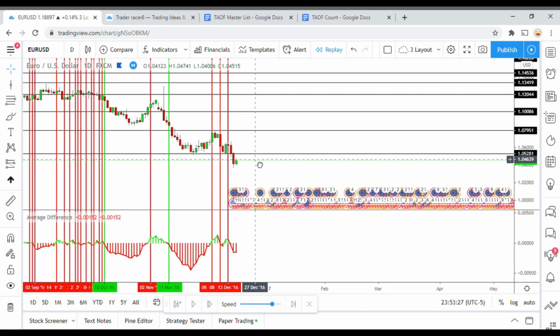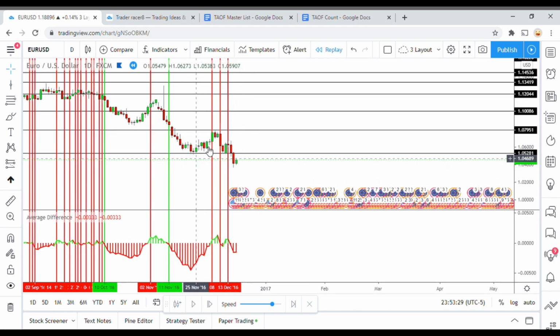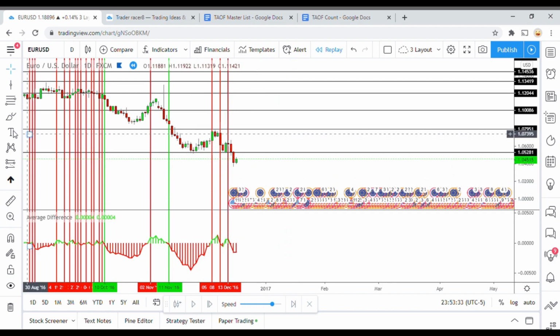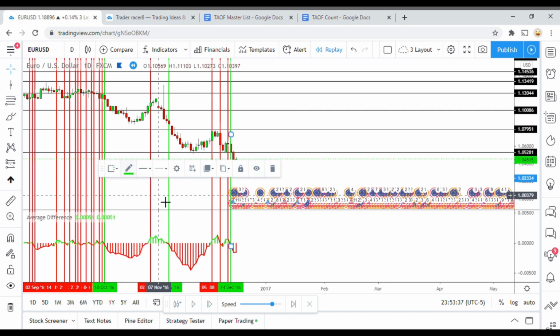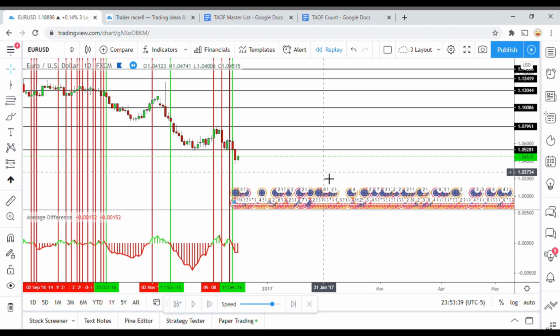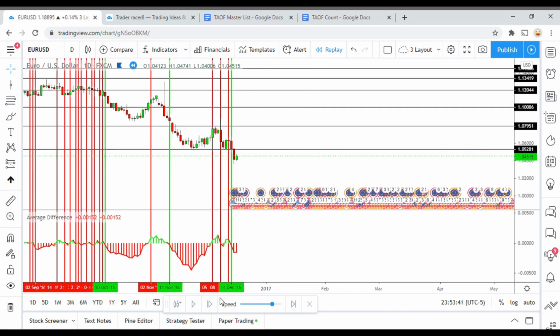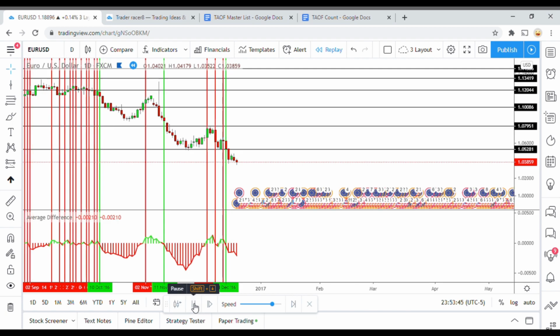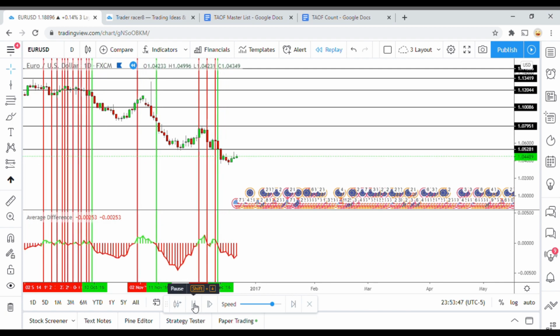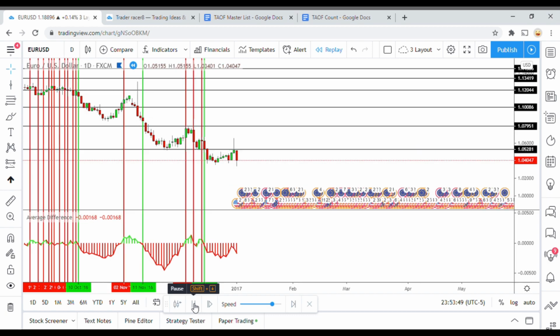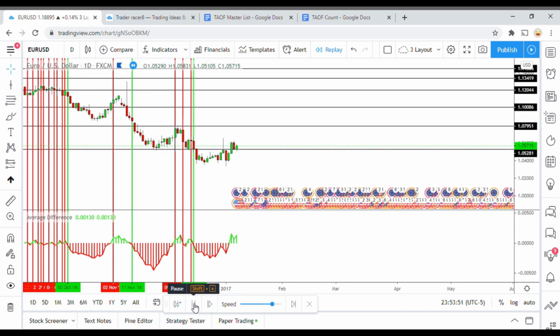It broke down below that lowest point right there. There we go. That one got us to take profit. And let's see what it does. Let's see if it spikes back up.